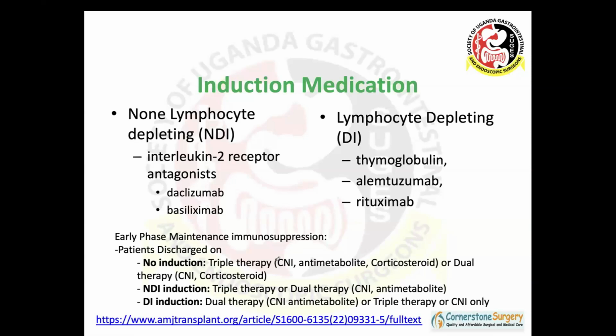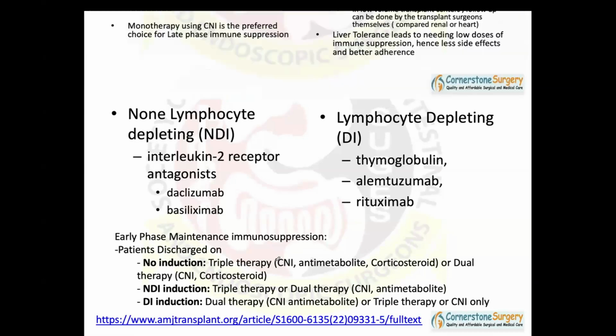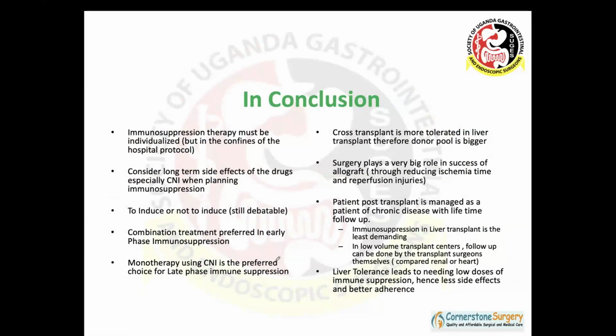This is still debatable. Some schools of thought say no need of induction. Other schools are saying everything should be what? Induced. There's still a debate. And this was one of the studies which showed that if you use induction, you may not use corticosteroids in your early phase immunosuppression.